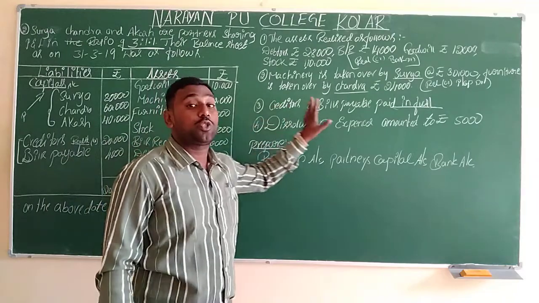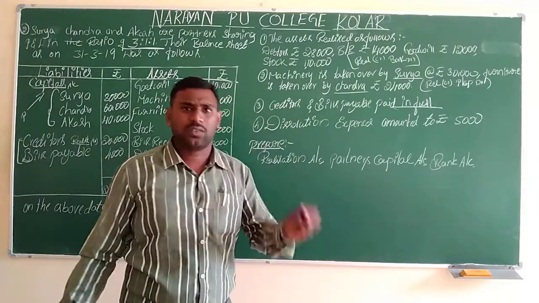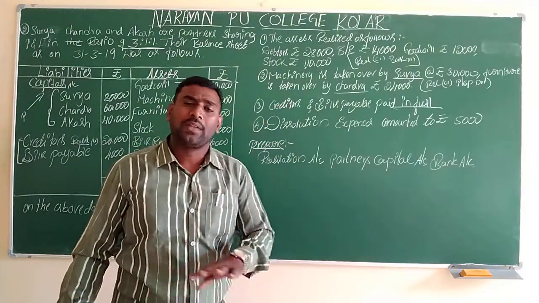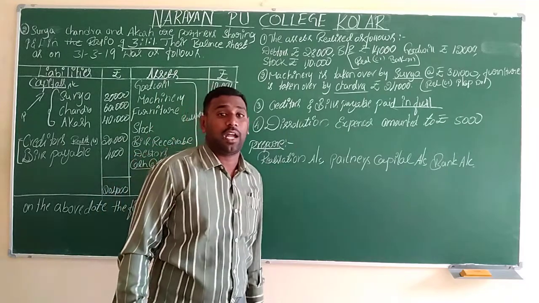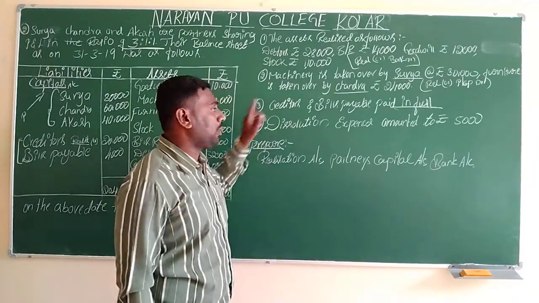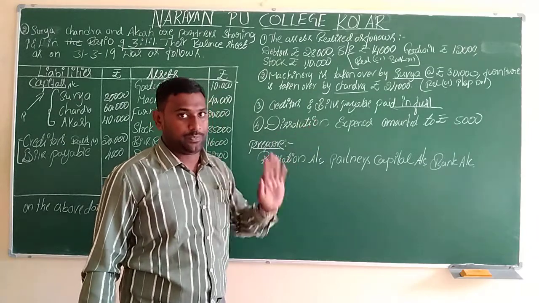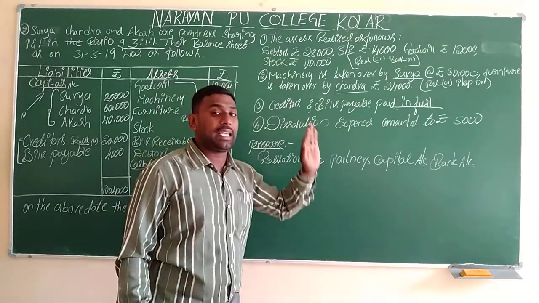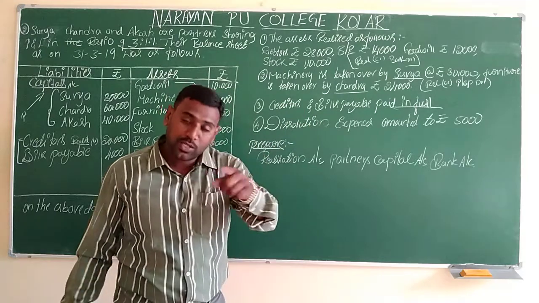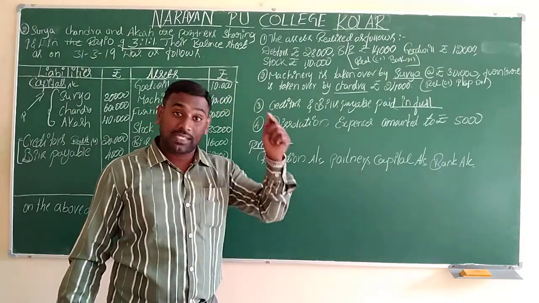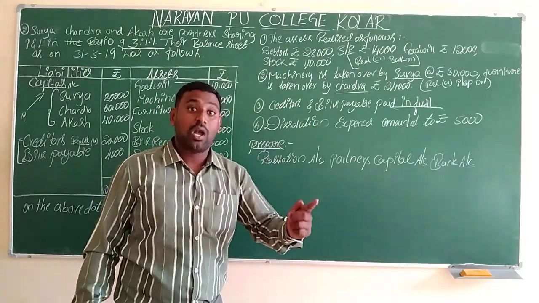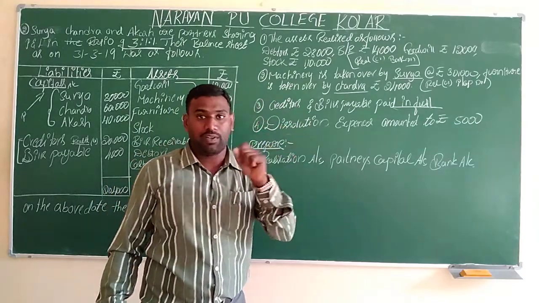But here there is no discount. How much we are liable to pay, the entire lump sum amount we have to repay at the time of closing the company. It will be clearly mentioned. If they are not saying it clearly, then also we have to pay. If they mention a discount, then after deducting the discount, we have to pay.